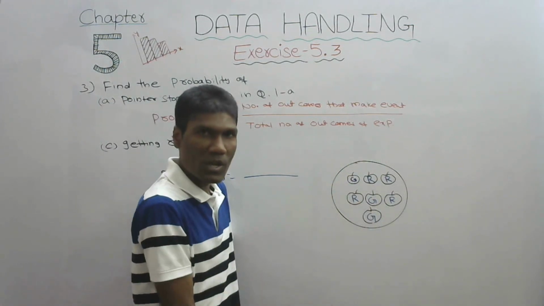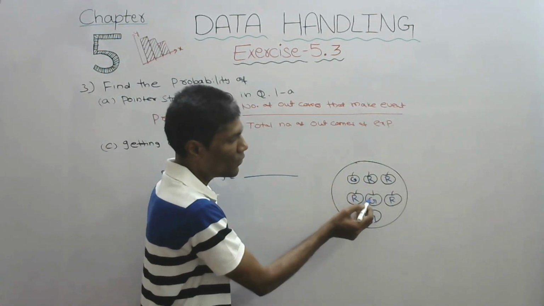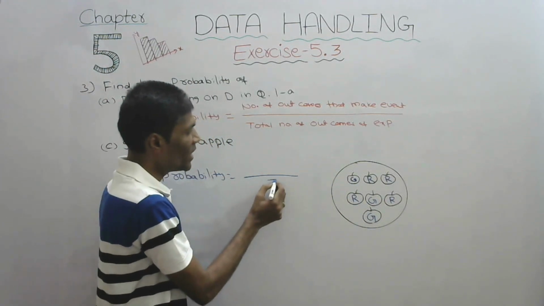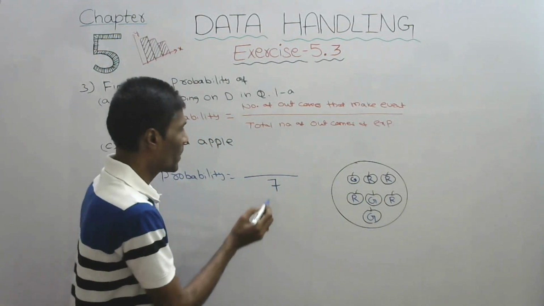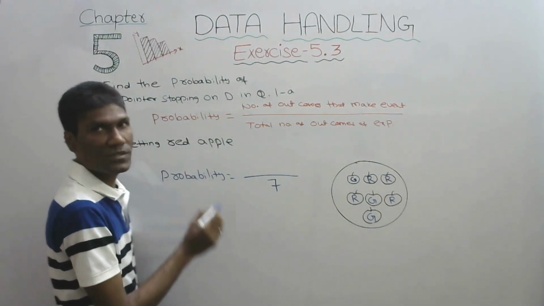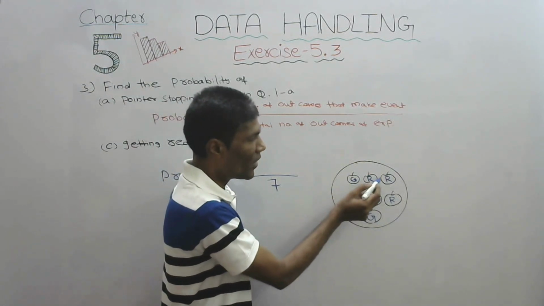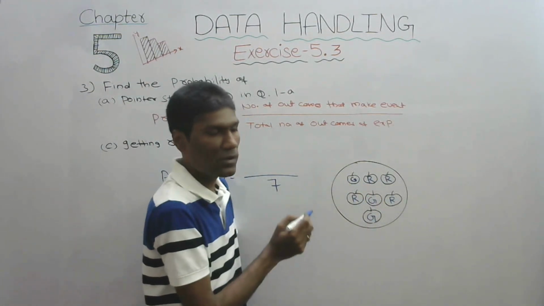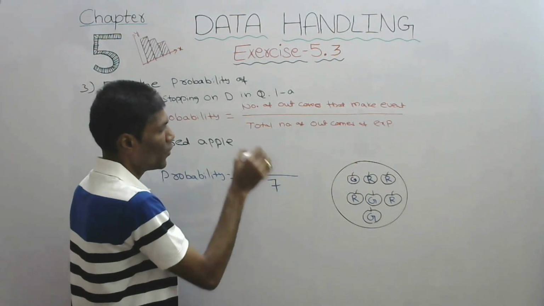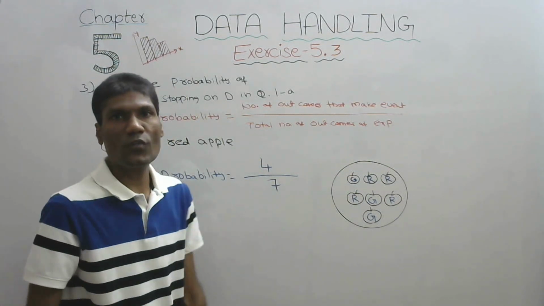What is the total number of outcomes? 1, 2, 3, 4, 5, 6, 7. So it will be 7. Then red apples. How many red apples are there? 1, 2, 3, 4. So it will be 4. So the answer will be 4 by 7.